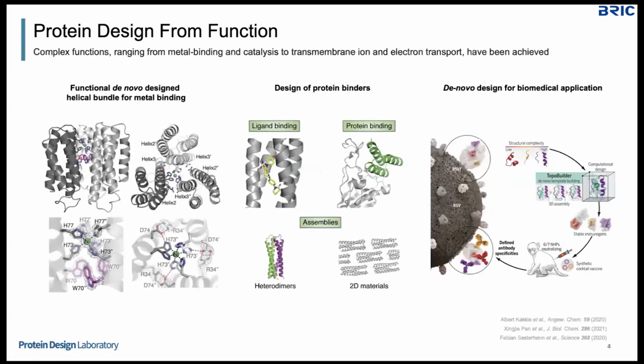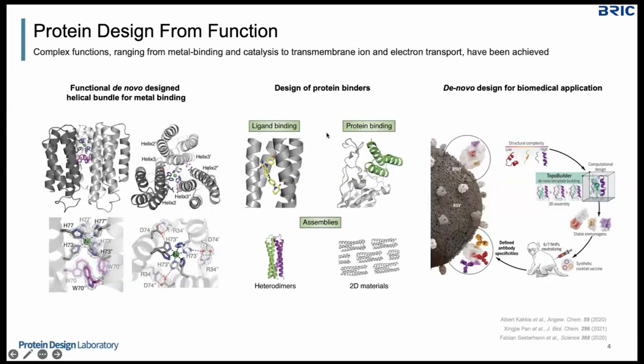Now, what is protein design from function, as I said previously? What can we do with it? It can go into three main categories. First, we can design functional de novo proteins that can bind with metals. Basically, we can pick a metal and then build a certain kind of structure that can bind with it.